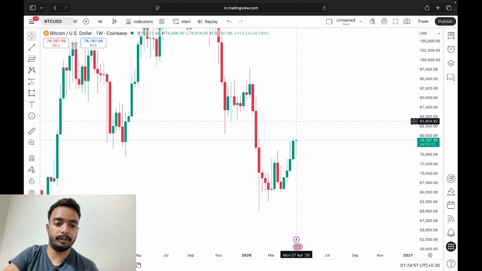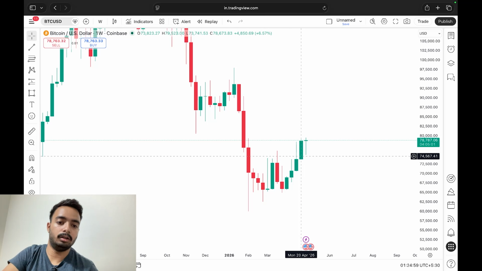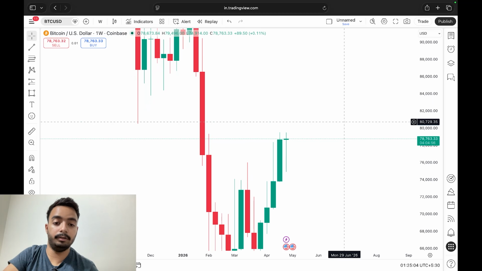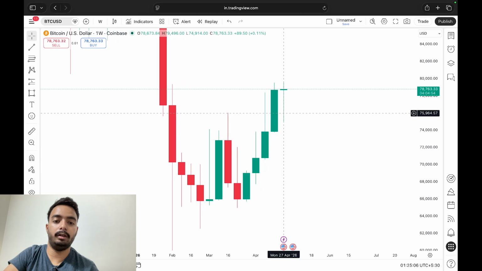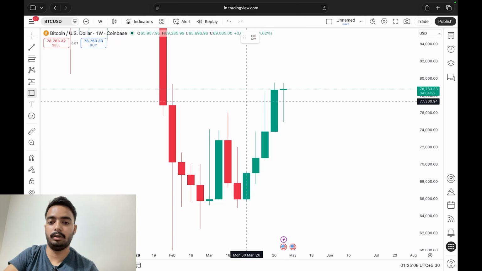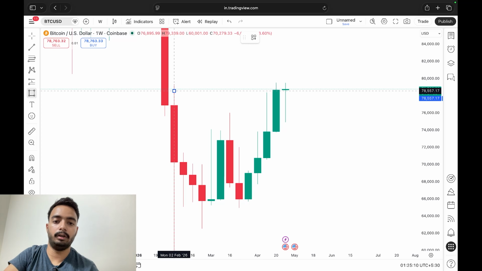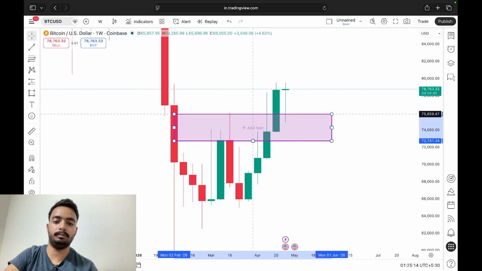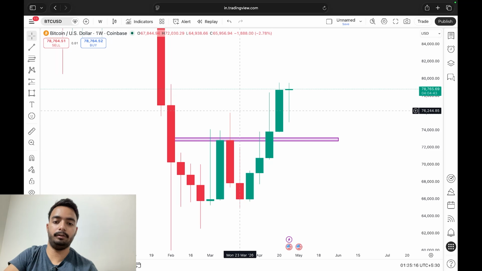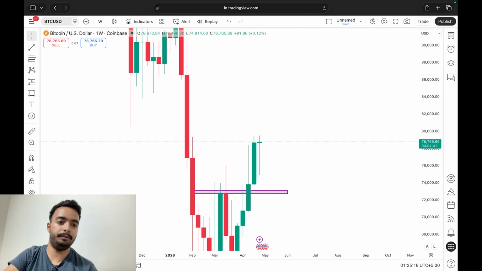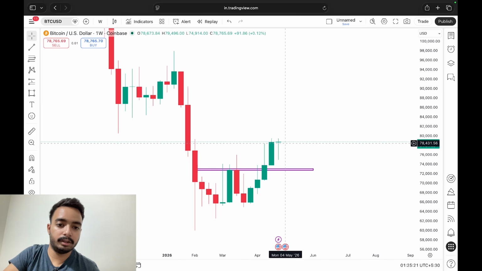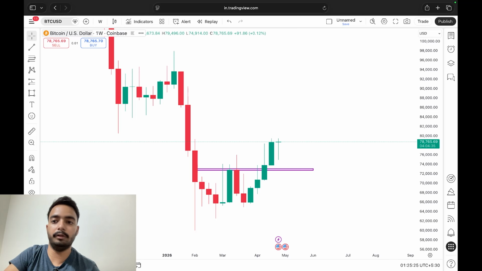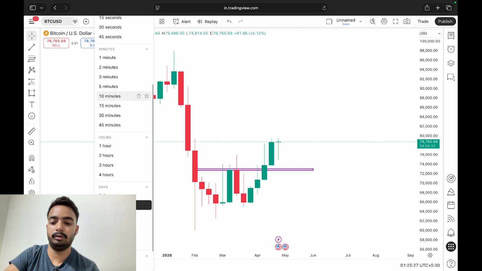We saw a bullish candle a week before, and this week's candle is a very indecisive candle, sort of a doji candle, but we saw a breakout of this zone. So my view is that we can see Bitcoin going to the level of 90,000 soon.